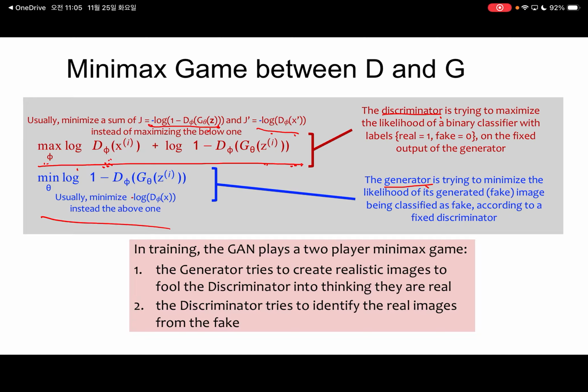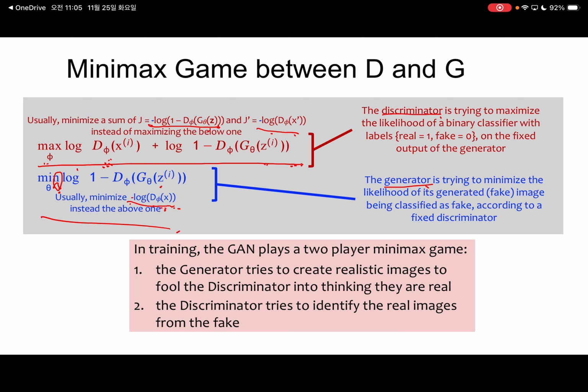And for generator training, as I introduced, instead of doing this, people often minimize this one, minus log D phi of G theta z. This is directly from binary cross entropy.